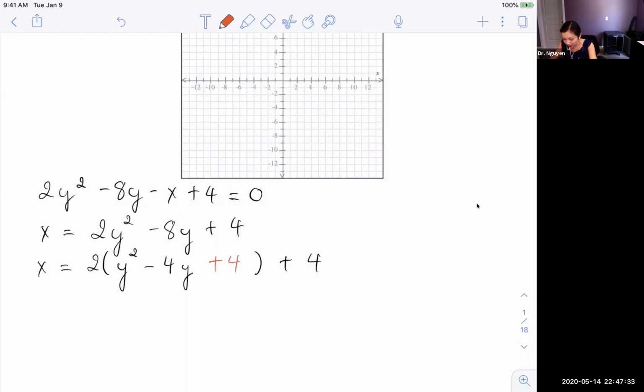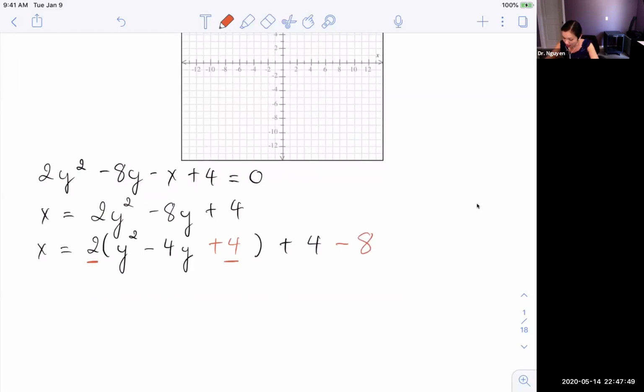But we're not just adding 4, we're actually adding 2 times 4. So we're adding 8, so we're going to have to take away 8.